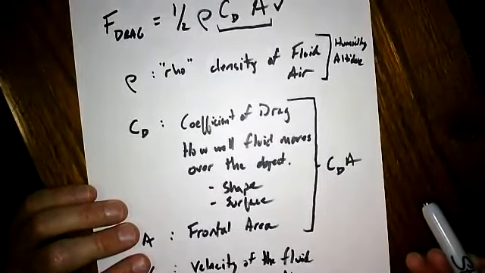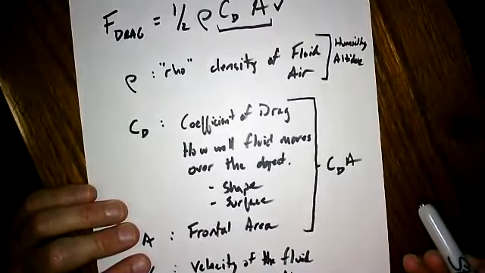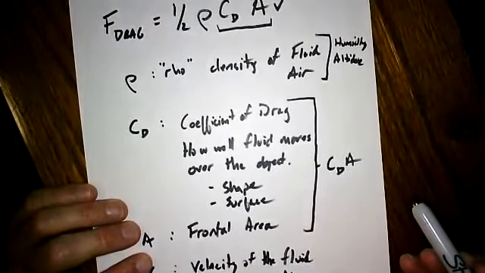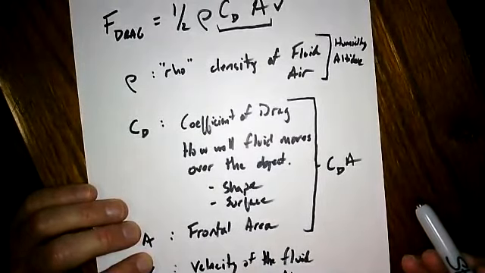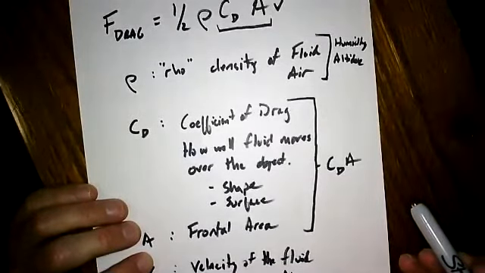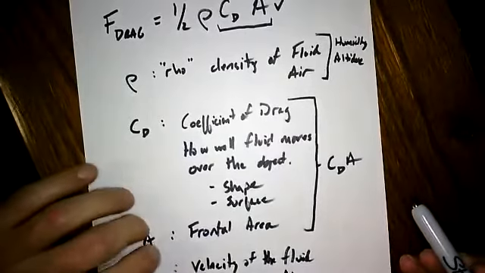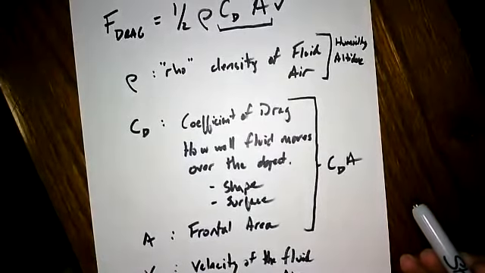CDA is influenced by a whole number of factors. Your helmet, the skin, or this could be the skin suit that you're wearing, or the clothing that you're wearing on the bike, whether the clothing is tight or whether it's loose, whether or not you are wearing glasses or a face shield, or how well the air moves over the fabric. So the actual fabric will play a role in CDA.